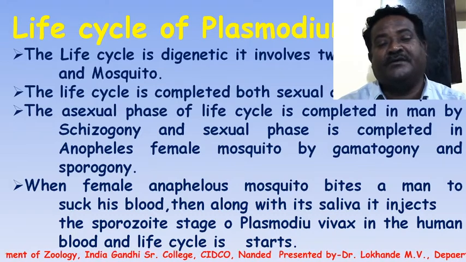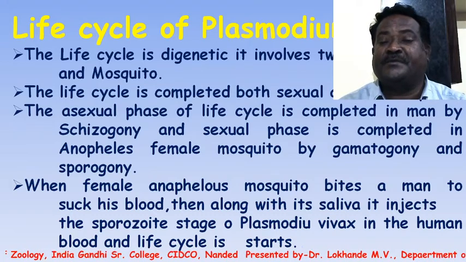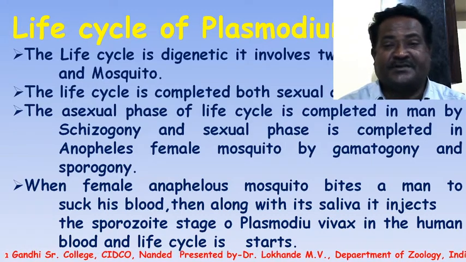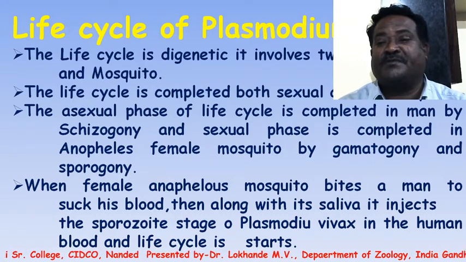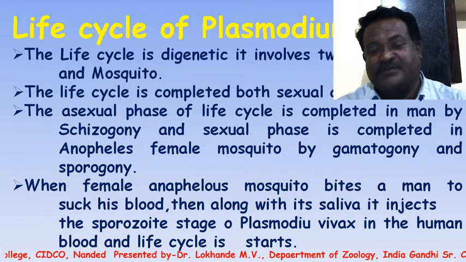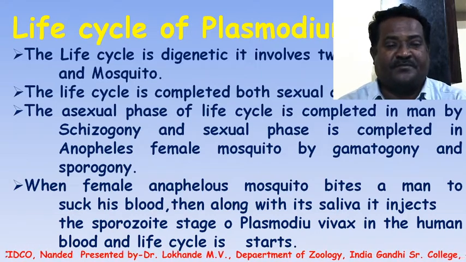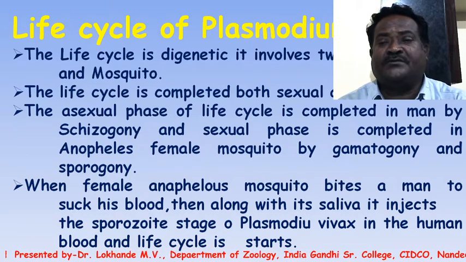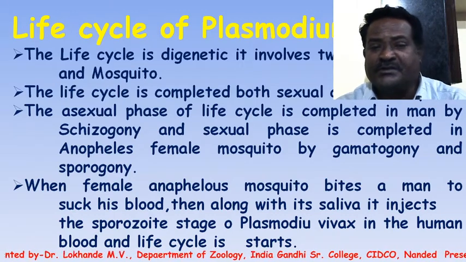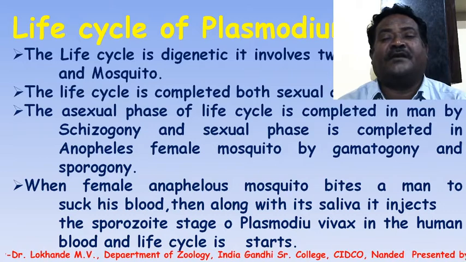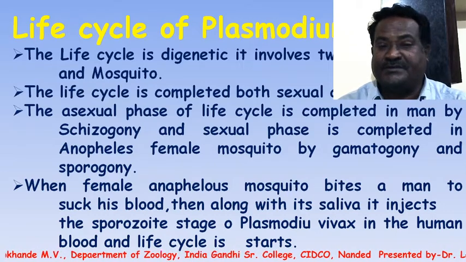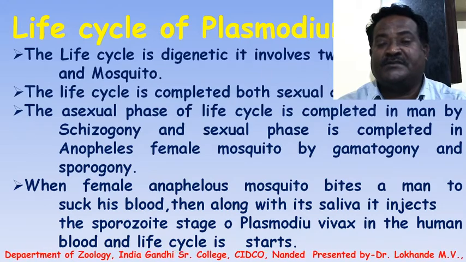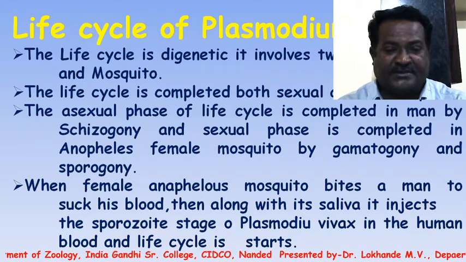In the other, an infected female Anopheles mosquito bites a man, so the infection is transferred from the female Anopheles mosquito to the man. So the female Anopheles mosquito acts as a vector, transmitting the infection from one host to the other, causing disease in man and the mosquito.